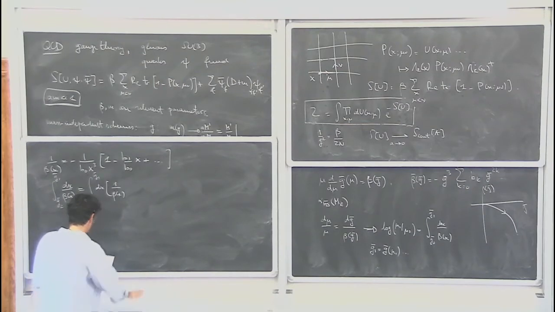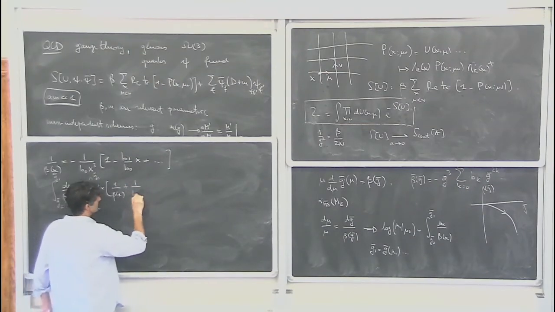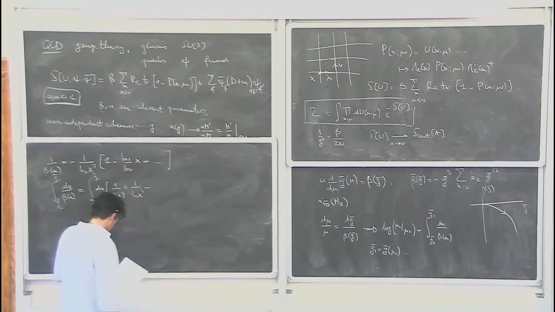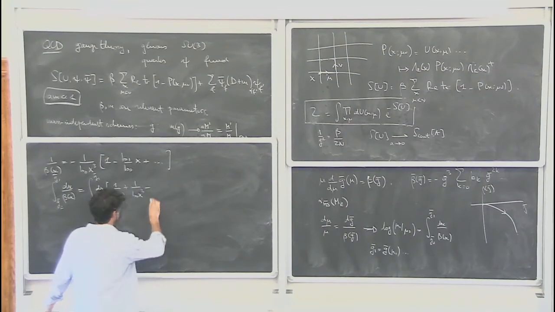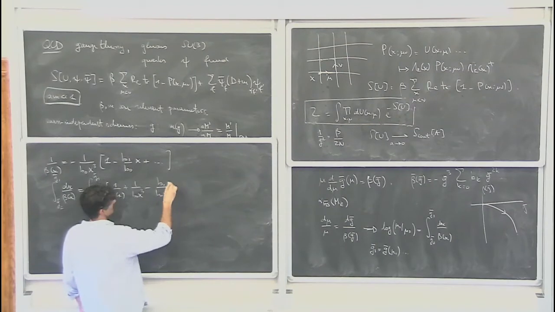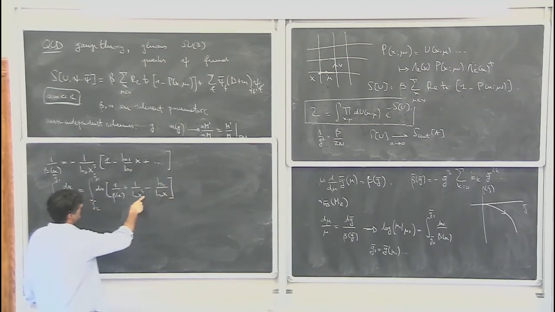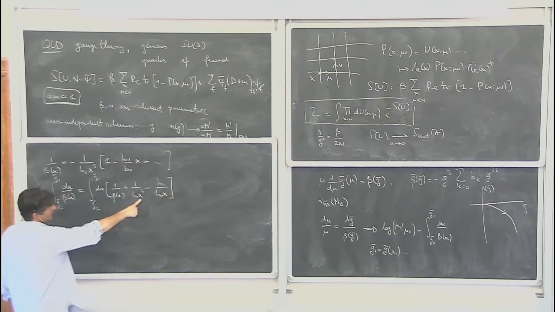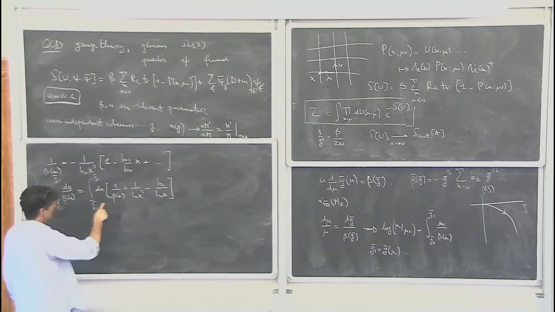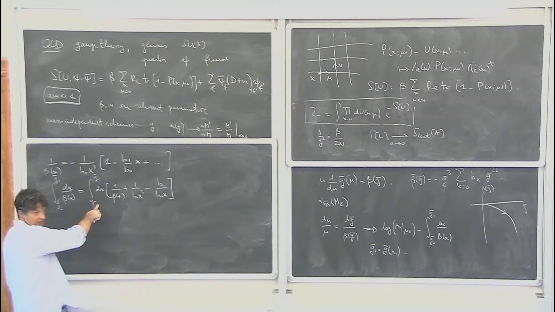So that's going to be plus 1 over b0 x cubed minus b1 over b0 x. And then we are going to add these terms again and perform the integral.